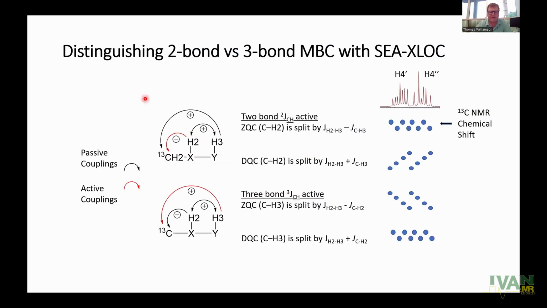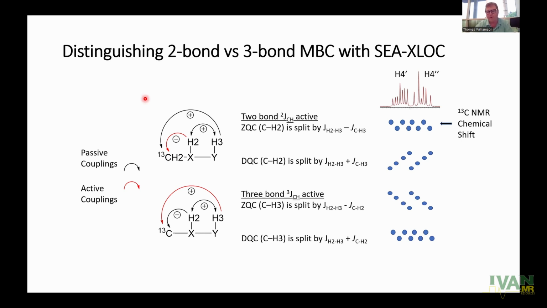As you can see here, the idea is that we take our zero quantum and double quantum magnetization and manipulate it in such a way that we can use our passive and active couplings to introduce a tilt for our desired correlation, whether it be the two-bond correlation or the longer-range correlation.